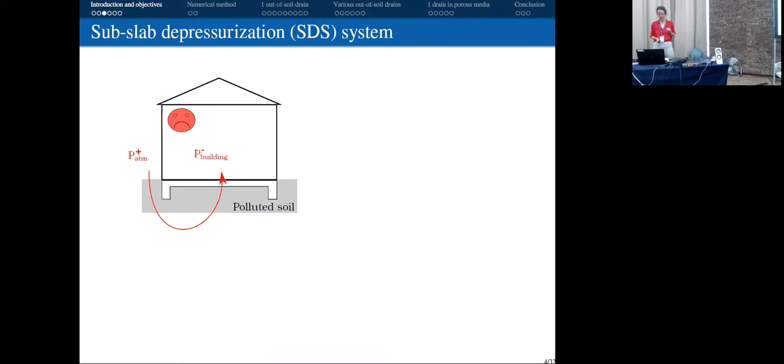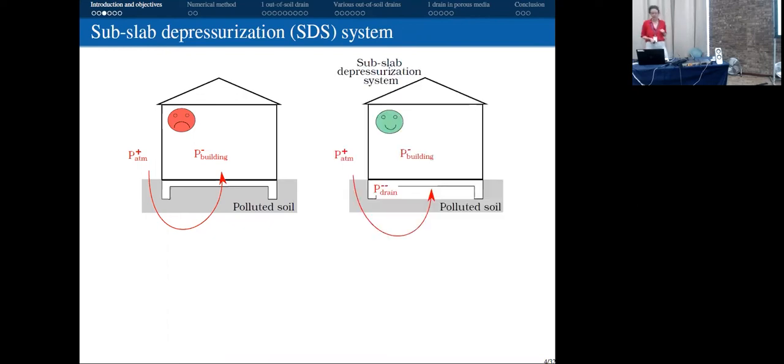To protect us, we can use a subslab depressurization system. The idea is to put the system below the building, before it is built. The pressure inside the system is lower than the pressure inside the building, so we can catch all the air and reject it outside.